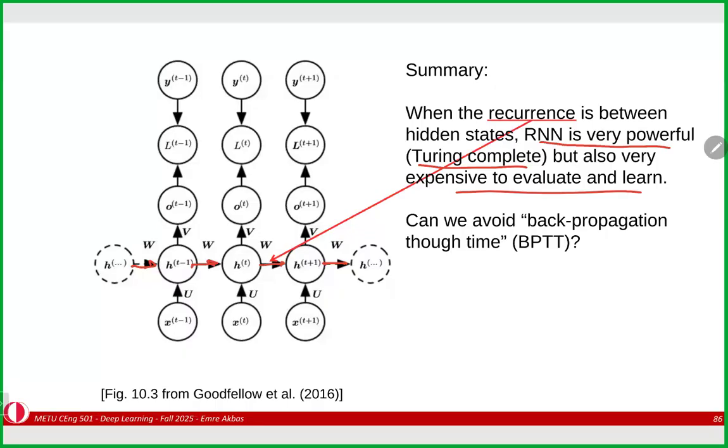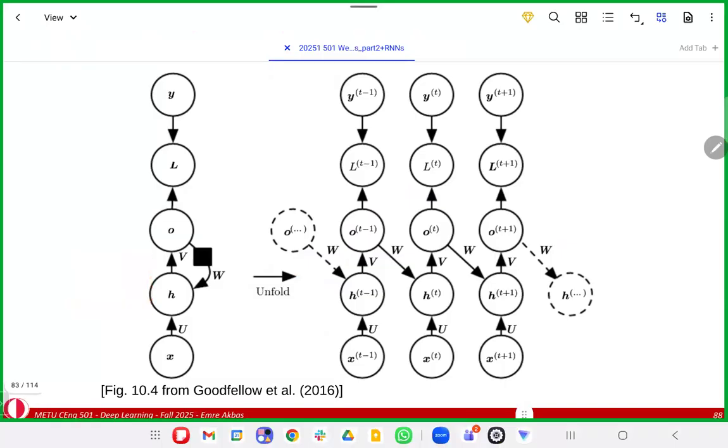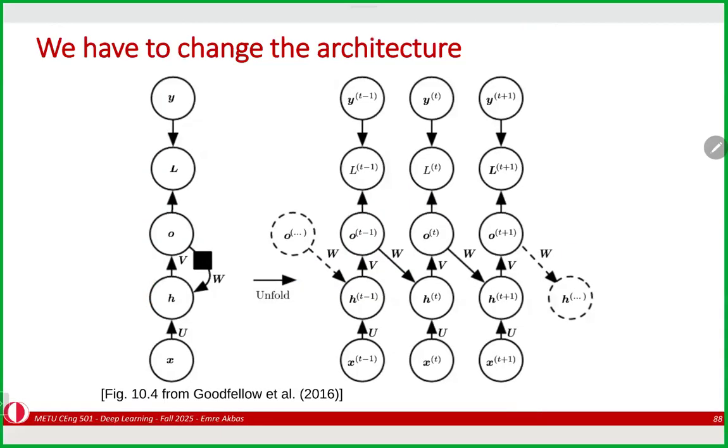Can we avoid backpropagation through time? The answer is yes. If you change the architecture, remember, the original architecture had a feedback loop to the hidden state, like this, but that causes the problem for parallelization.